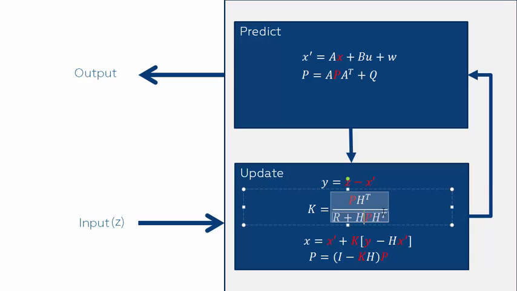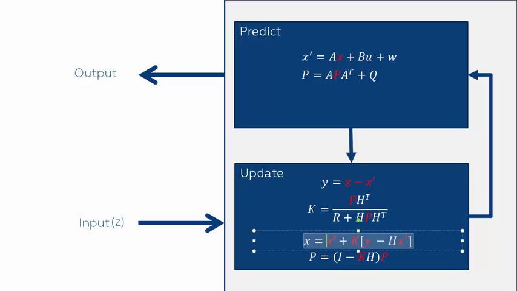So if the uncertainty of the device is more, we rely more on the prediction which we are making. And if the prediction's uncertainty is a lot, we rely more on the measurements which we are getting. So that's the ratio which we are calculating, and that's what the Kalman gain, or the weight, is for us.